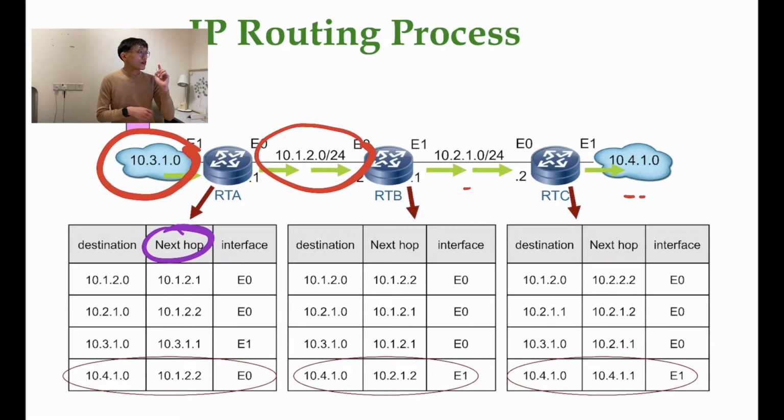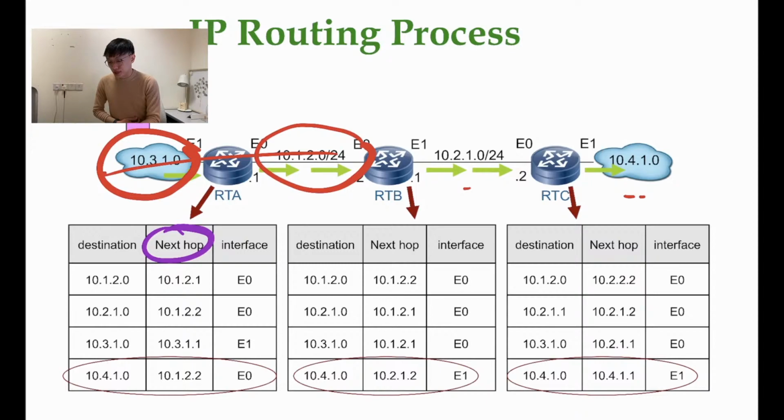One thing you'll notice is these 2 networks are connected directly to router A. It means I take a cable from router A and connect to end devices. It could be switches or PCs or anything. And this is called a directly connected network. This is important: a directly connected network means the network that is directly connected to that router.